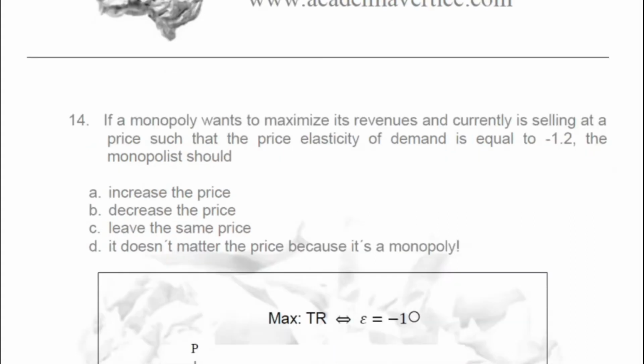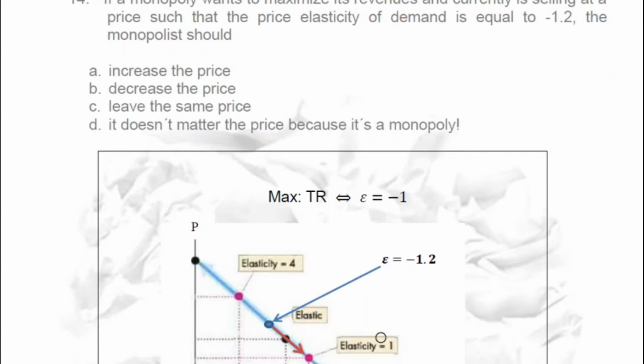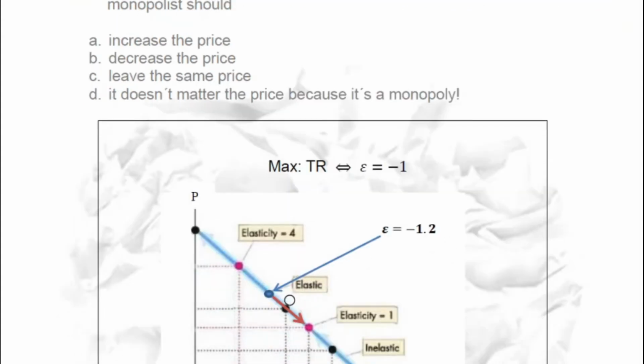So as we know, from this unit elasticity point to the upper part, we have the elastic part. If the monopolist is selling at a point where the price elasticity of demand is minus 1.2, it means that the monopolist is selling in this part.